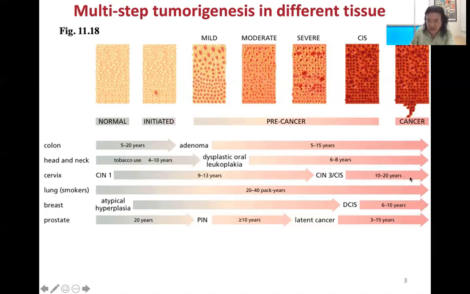Some cancers are very different based upon things like the exposure to mutagens that cause the cancer in the first place. Lung cancer, for example. There's no real well-defined time frame for that because it has to do with how much the person smokes. But you can imagine over the course of 20 to 40 pack years, that means smoking a pack of cigarettes a day, that's how long it takes for you to eventually get the development of full-blown cancers.